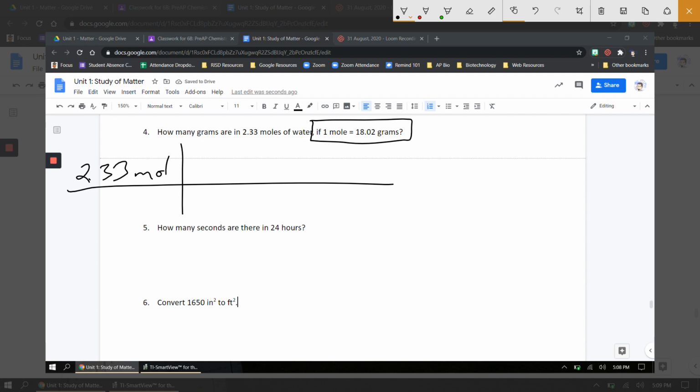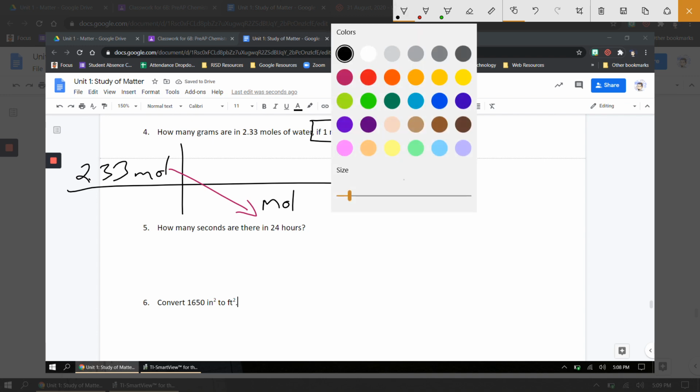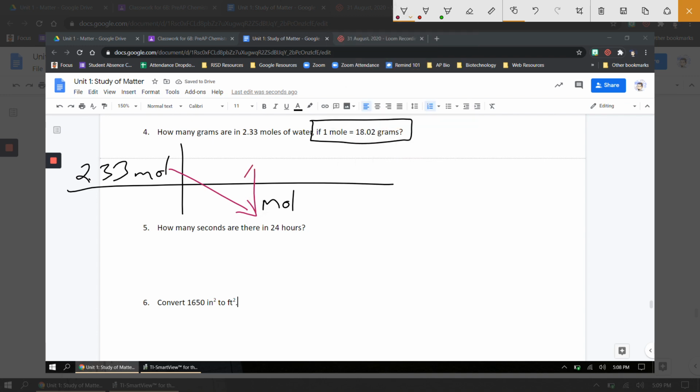All right, following the exact same thing that we've been doing, I'm going to take my unit and move it back down to the bottom because, of course, what I want to do is cancel out moles, not continue with moles. Then I'm going to go up and convert into something that I know is equal to a mole, in this case, of water.